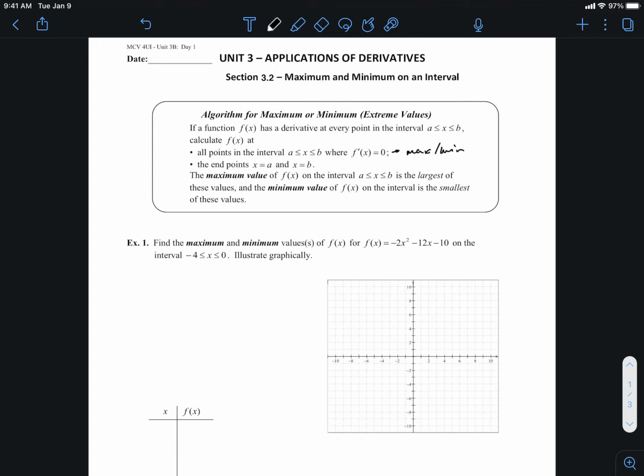You could have 2, you could have 3, you could have 1, depending on the original function, right? And then the endpoints, you can plug in what the endpoints are and find what the actual values are at those endpoints, right?